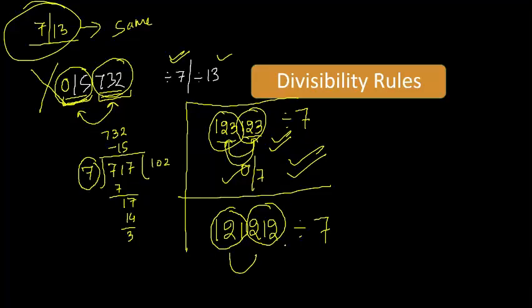So what is their difference? You are getting 91. 91 is divisible by 7. So this number is divisible by 7. And it is also divisible by 13. It means this number is also divisible by 13. I hope you are getting my point.